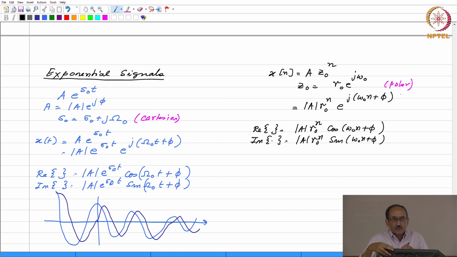And the reason why you are using polar form is de Moivre's theorem. Raising a complex number to the nth power where n is an integer, that theorem makes this very simple. That is the reason why you are using polar form here and Cartesian form for the continuous time case.